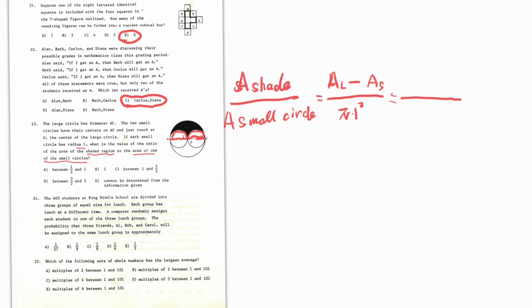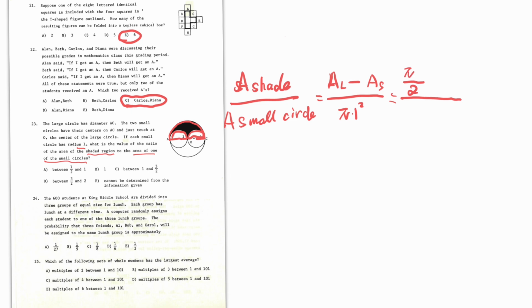The shaded part includes half of the large circle, the top part. So the area of the half circle is pi r squared over 2.